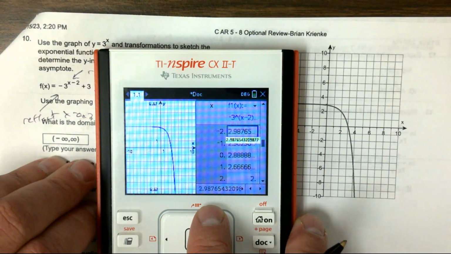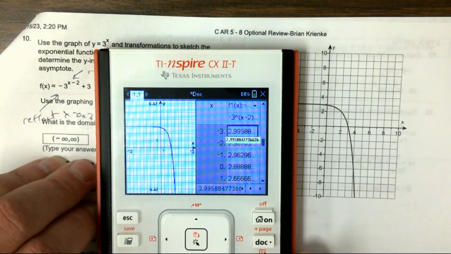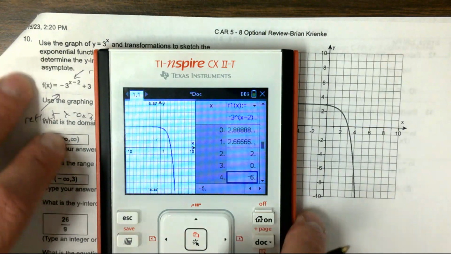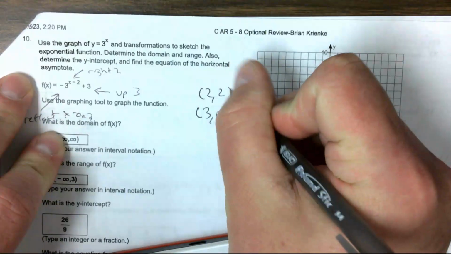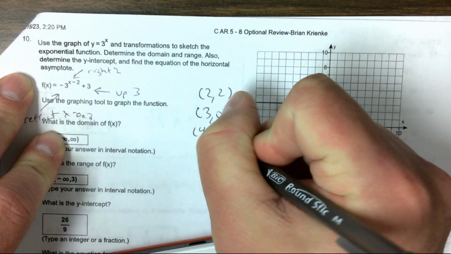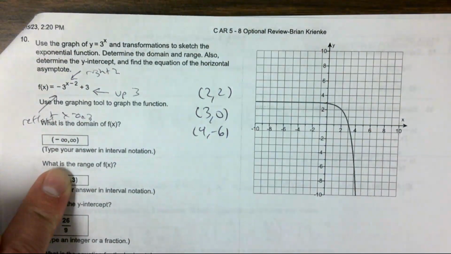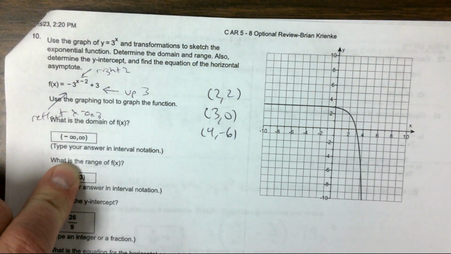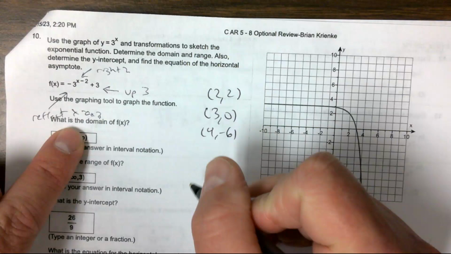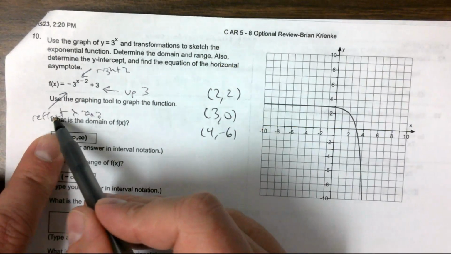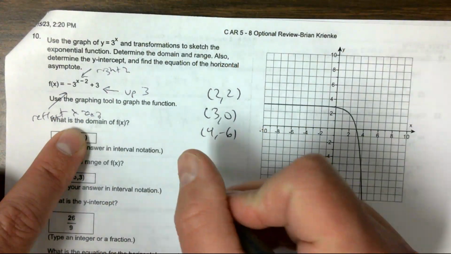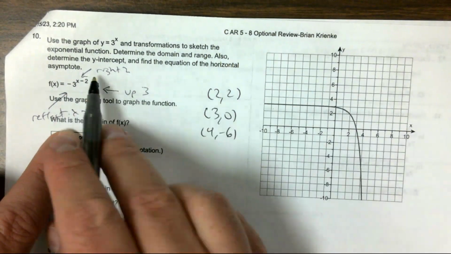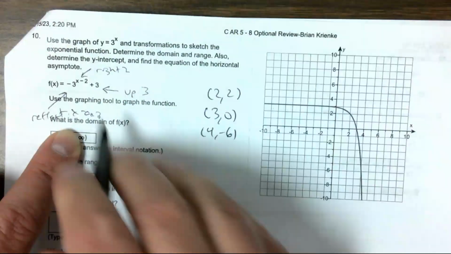It looks like there were several good ones further down, like 2, 2, and 4, -6. So if you need to actually use points to graph it, you can. You might have to check the box where it says reflect over the x-axis. Make sure you translate right 2 and up 3.